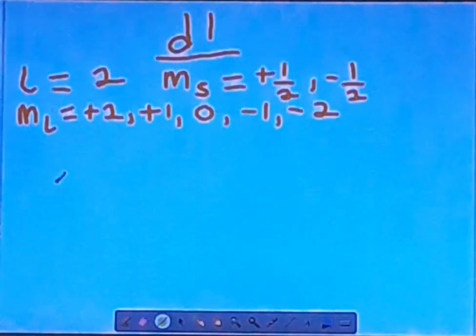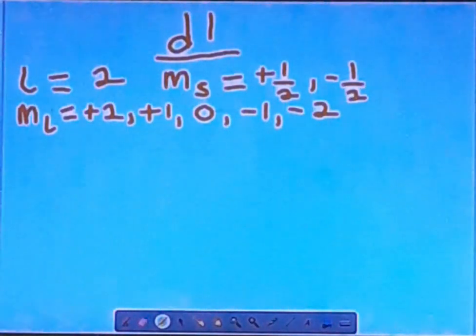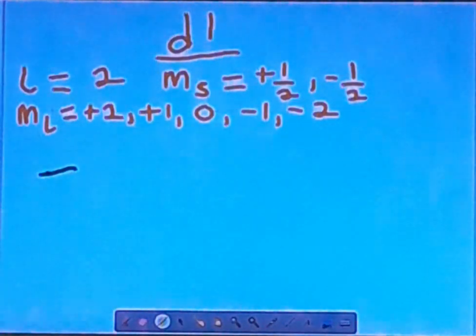Now we write down the orbital. So let me use a different color here. We know the d orbital is a degenerate orbital. So 5 orbitals.